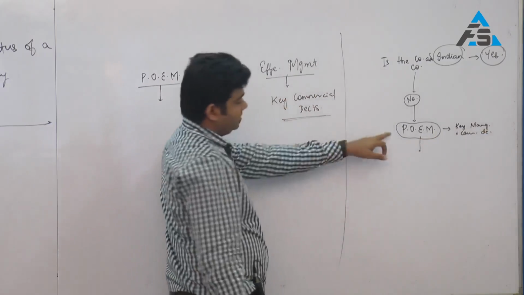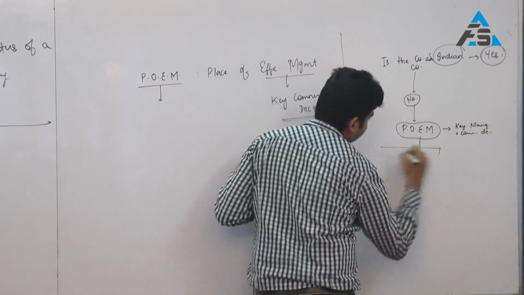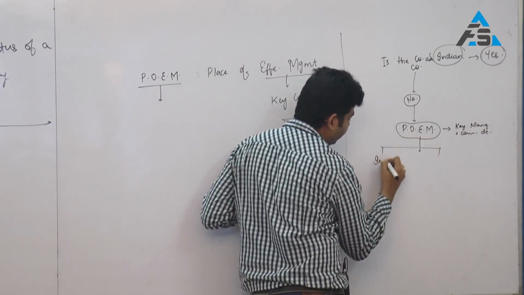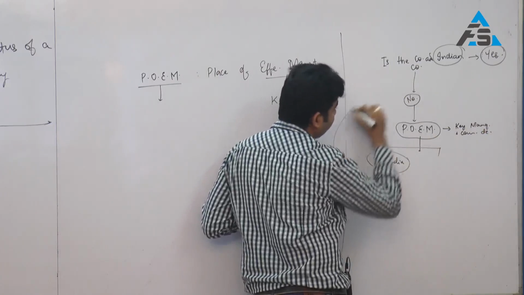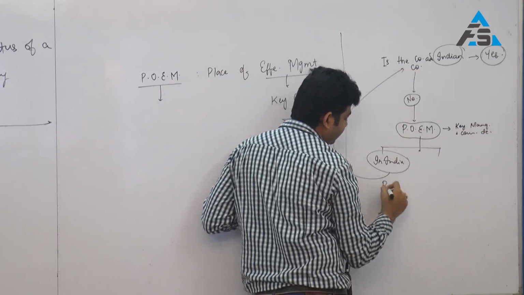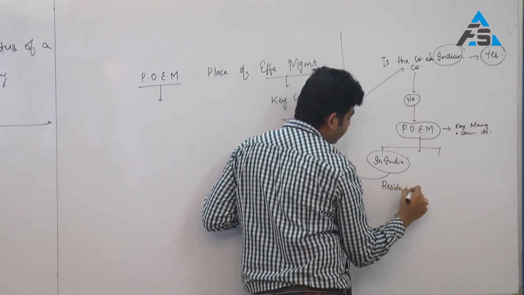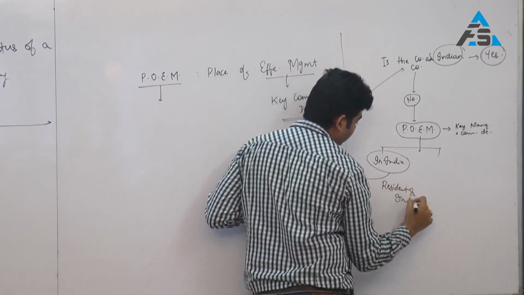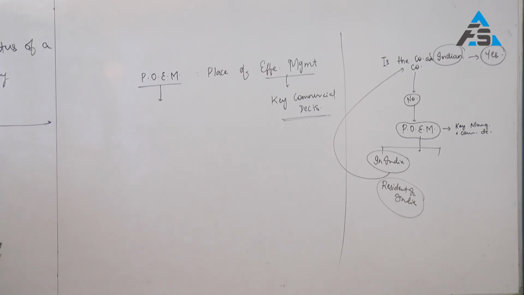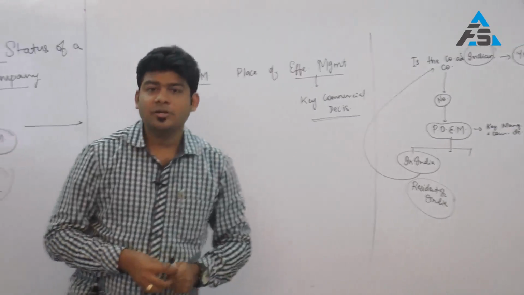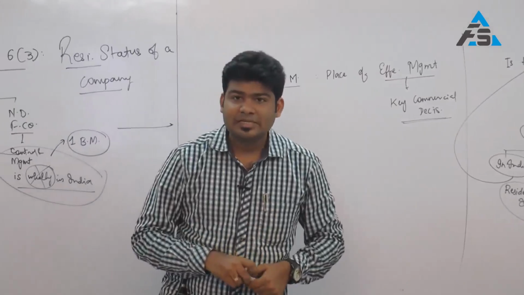So if POEM is in India, then even though you are a non-Indian company, you will be considered an Indian company resident in India. I hope we are clear with the provision. Section 6, subsection 3, place of effective management is the determining factor to determine whether a company is resident in India or not.